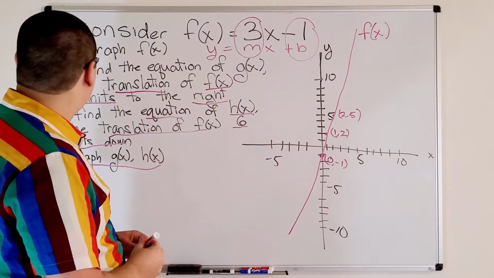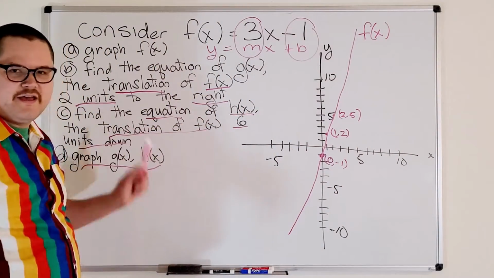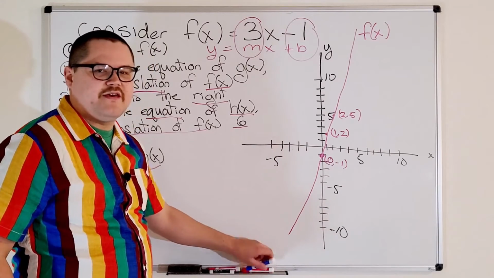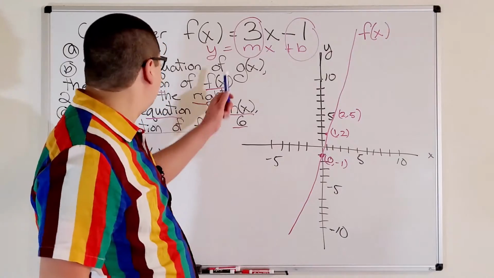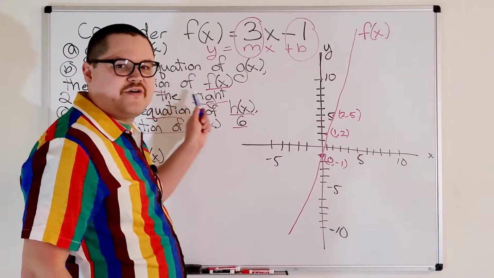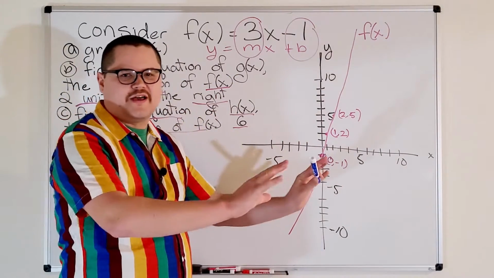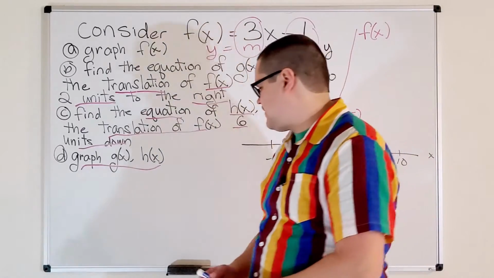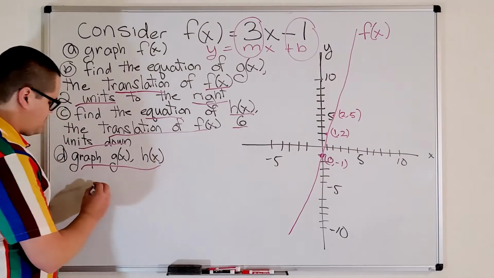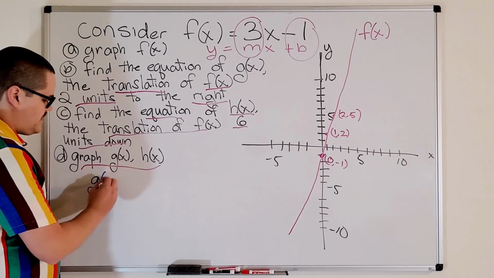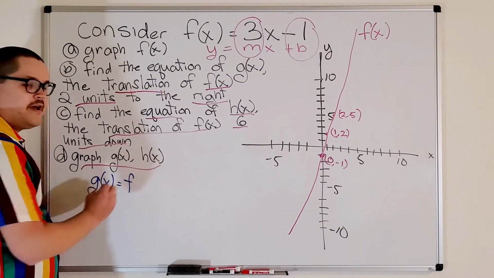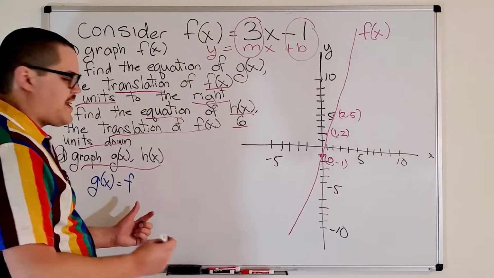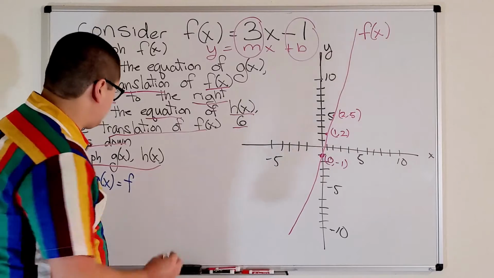Okay, now for B and C. So we want to find the equation of g of x, which is the translation of f of x 2 units to the right. Well, luckily, we know how to do that. As we've seen previously, to translate a graph 2 units to the right, we subtract 2 from x in parentheses.